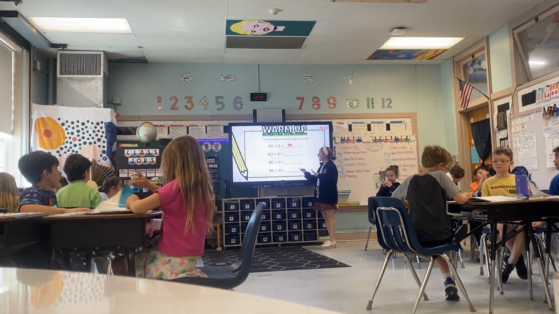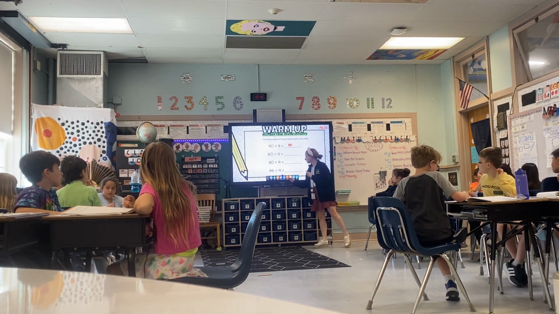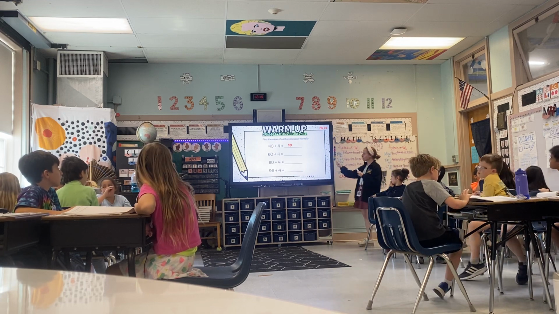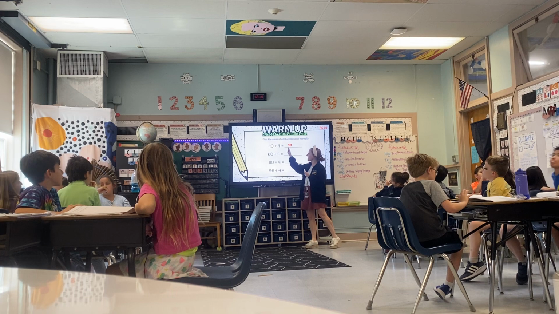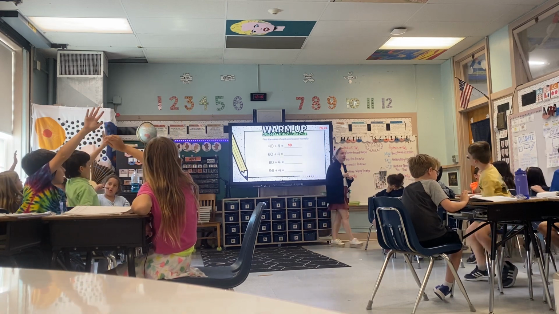Okay. Now I'm going to walk you through this instead of going through the answers because this one took a little bit more thought. Okay, how can I use 40 divided by 4 equals 10 to help me solve 60 divided by 4?